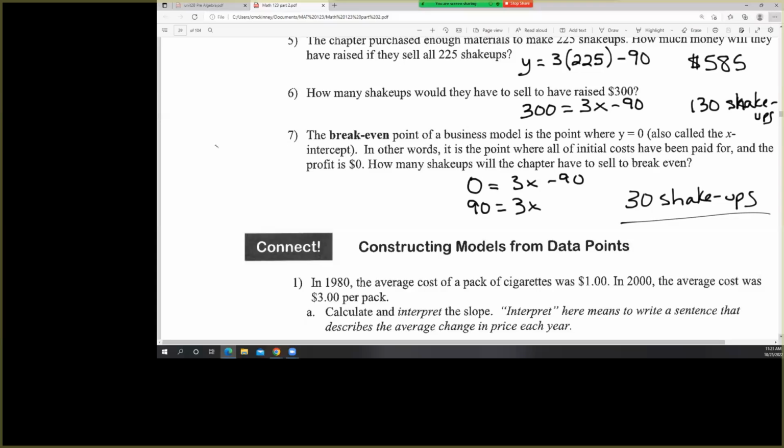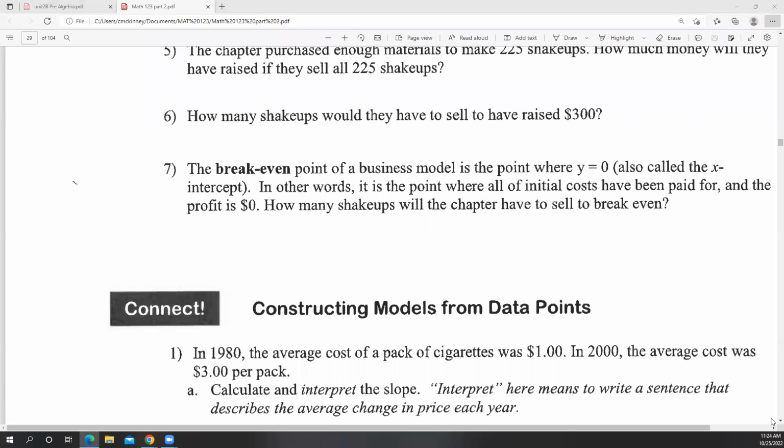So depending on what they wanted to raise, if they said we really need to raise $500, well, then they're going to have to sell nearly as many as they have, use up almost all of their stuff. Because if they use up all of what they said, they have enough materials for 225, and that was only 585.